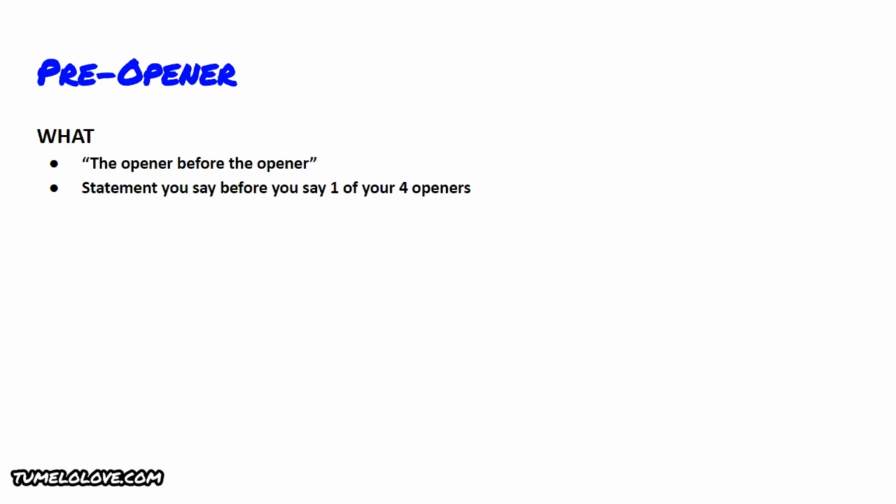Simply put, it's a statement that you say before you actually run the opener that you're going to open the interaction with the girl. And this is an important technique because you want to get the girl's attention and let her know that you're actually trying to speak to her before you actually start speaking.